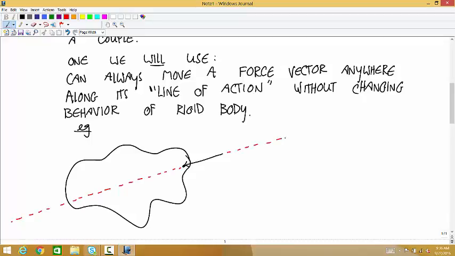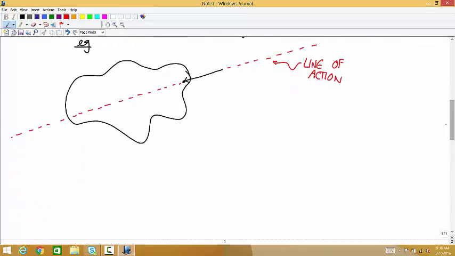Mathematically, it doesn't matter. So if it's easier for you in a calculation, you could take this force and move it anywhere along that red dotted line without changing the problem. Okay, a lot of times that'll make things easier. Notice that it only works with rigid bodies.